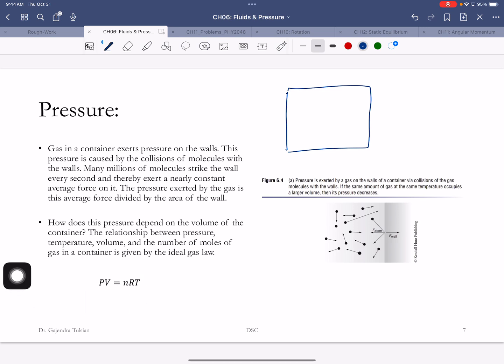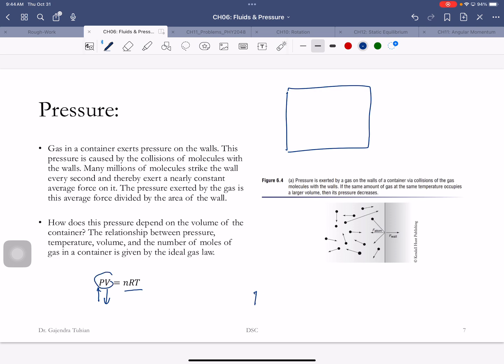This is called the ideal gas law, and one thing to notice is, if you keep the temperature constant and the amount of gas constant, this would be constant. So if this is constant and you raise the pressure, the volume would have to decrease such that the product remains constant.